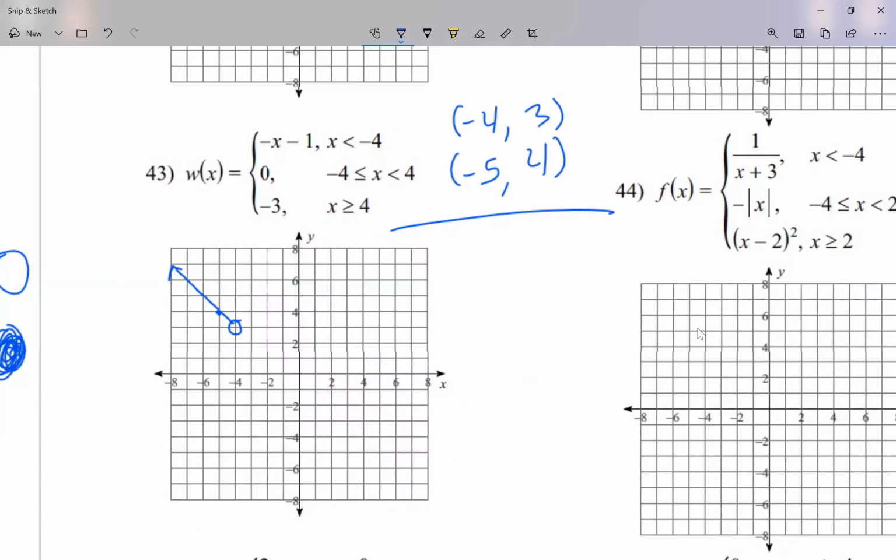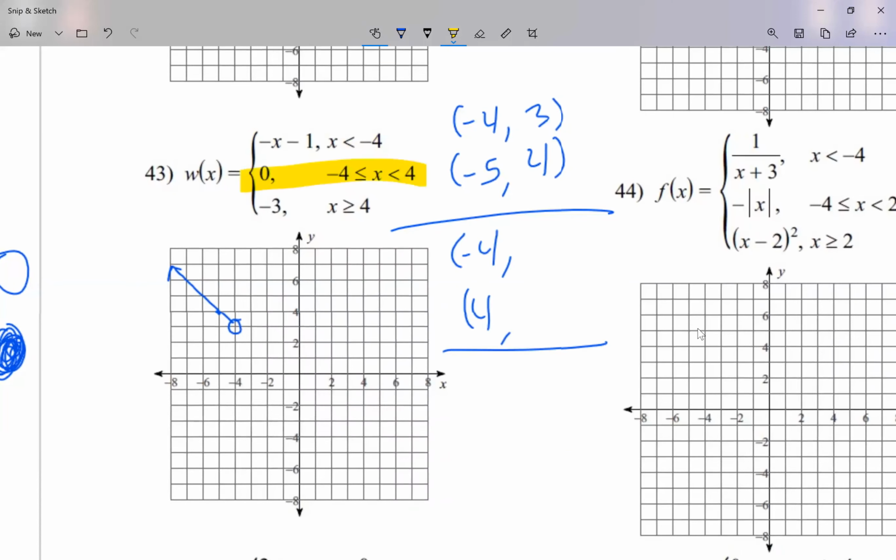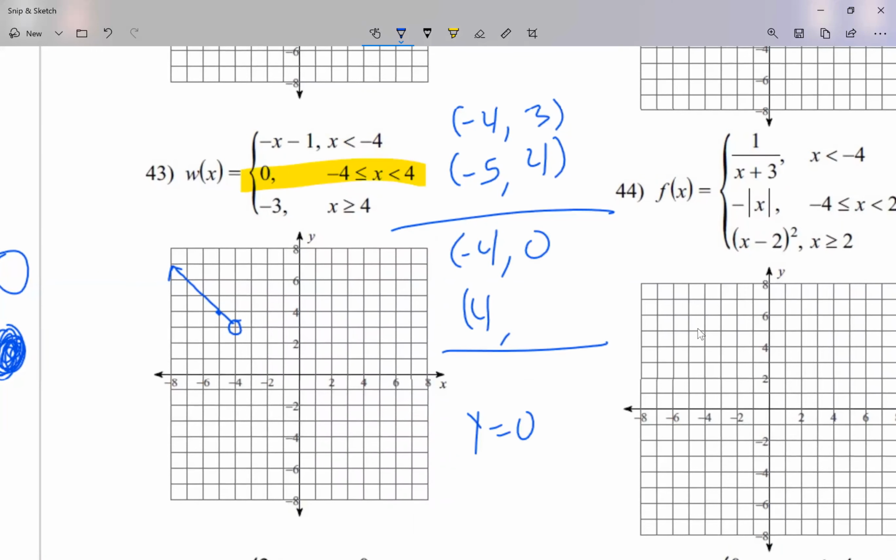My other line, the values I'm going to choose are negative 4 for x and positive 4. I'm looking at this equation right here, and my equation looks like y equals 0. So any value of x that I choose, the y value is 0. So that gives me 2 points.